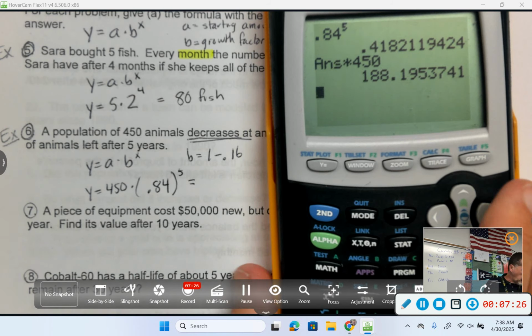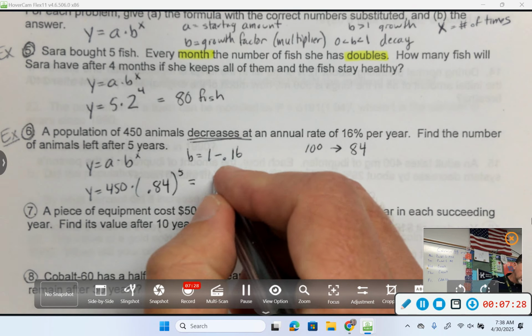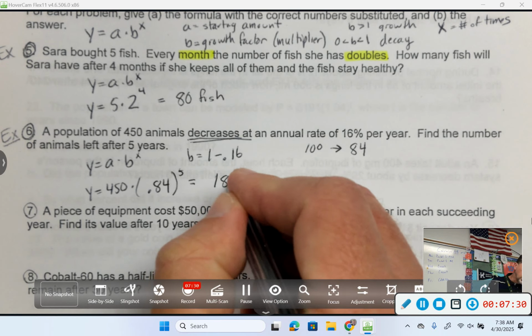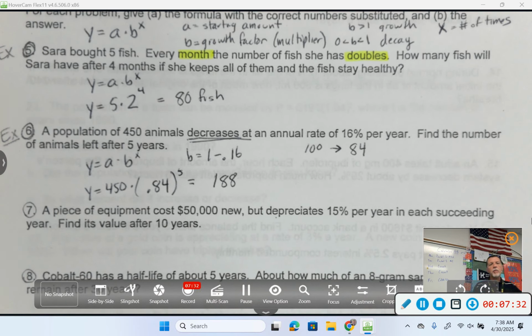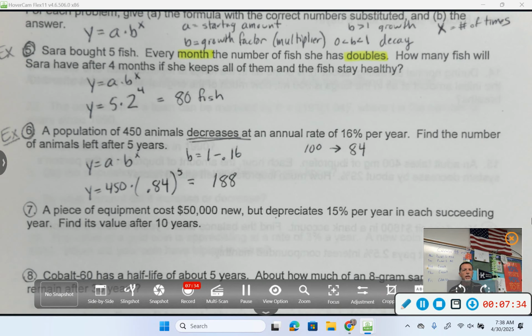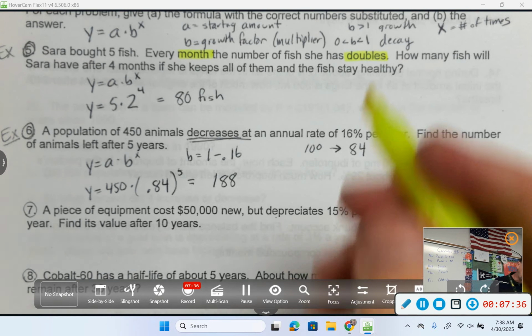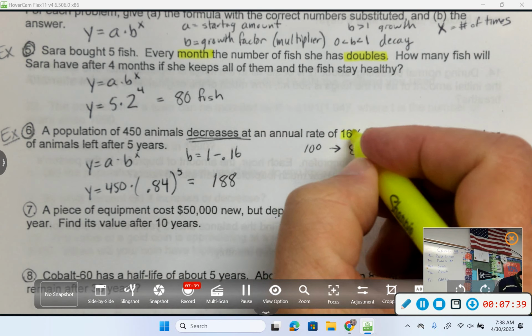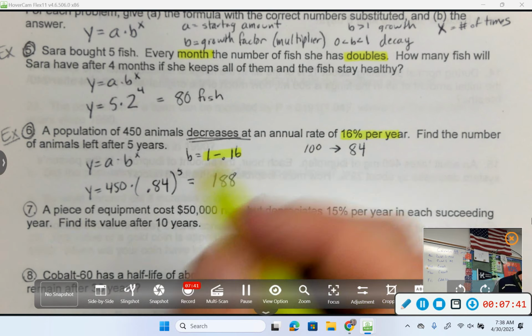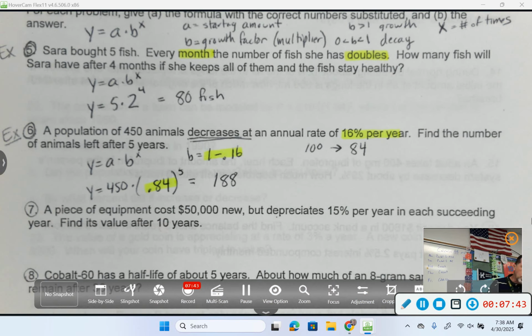And I guess we should round to the nearest animal, because parts of animals don't seem quite right. Okay, but the big thing on that one is, if you're decreasing at 16% per year, your B is 0.84. You got to do 1 minus the decrease rate.